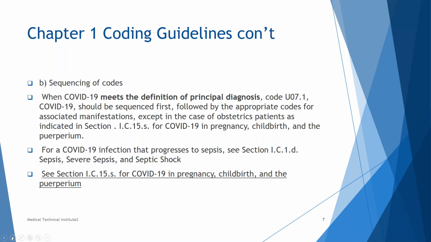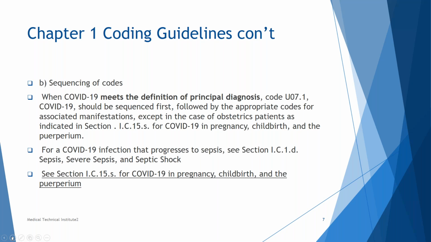Basically, when COVID-19 meets the definition of principal diagnosis, code U07.1 should be sequenced first, followed by the appropriate codes for associated manifestations, except in the case of obstetrics patients as indicated in section 1C15S for COVID-19 in pregnancy, childbirth, and the puerperium.